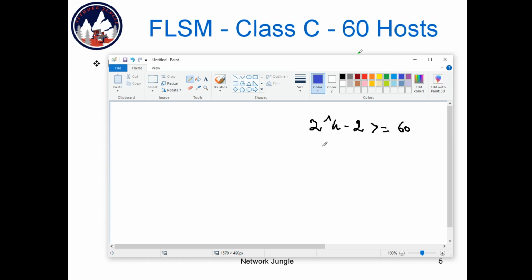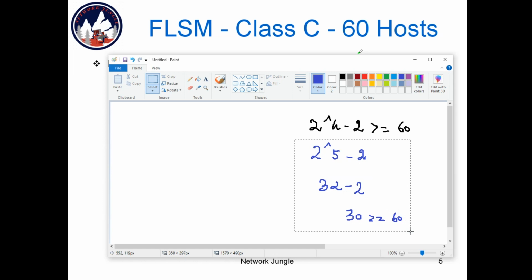For example, if we take the host bits as 5, 2 power 5 equals 32, and 32 minus 2 is 30. So the condition is not valid. We only get 30 valid IP addresses for the host machines with 5 bits.